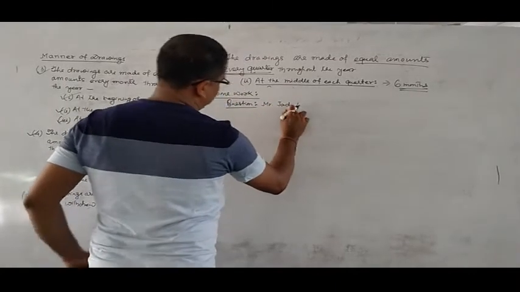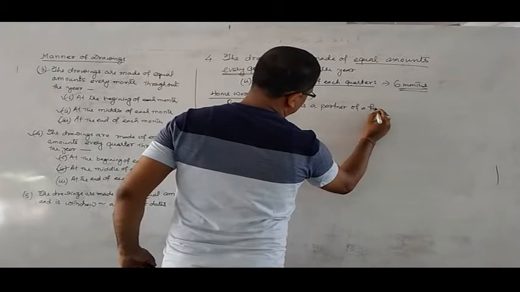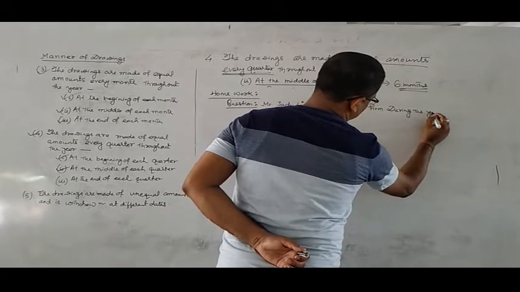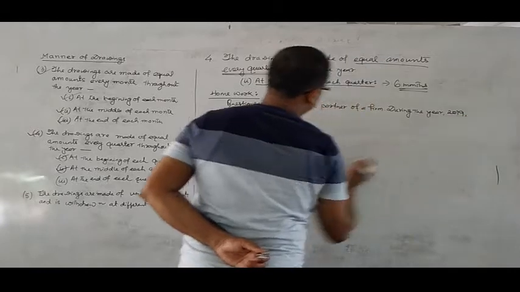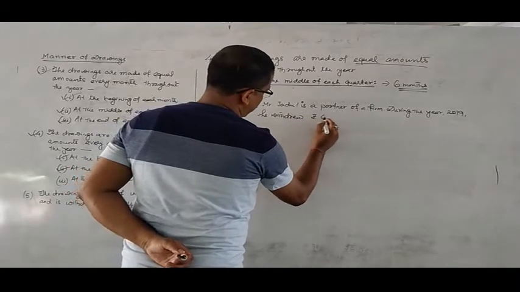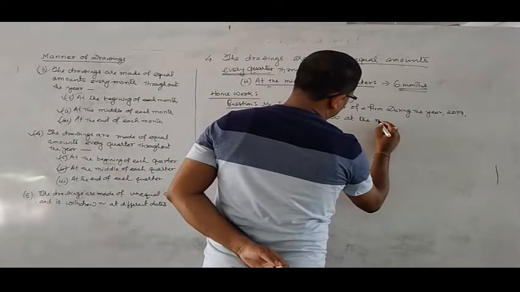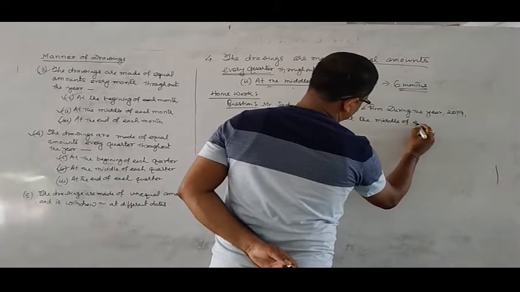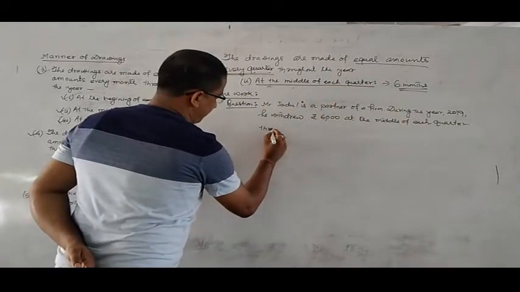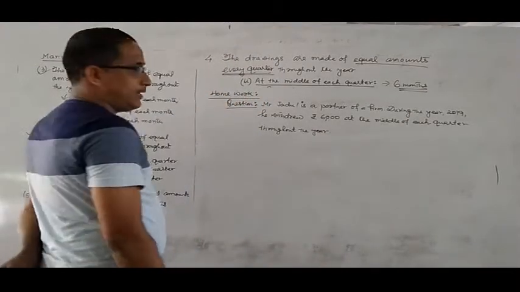Mr. Jodo is a partner of a firm. During the year 19, he withdrew rupees 6,000 at the middle of each quarter throughout the year.